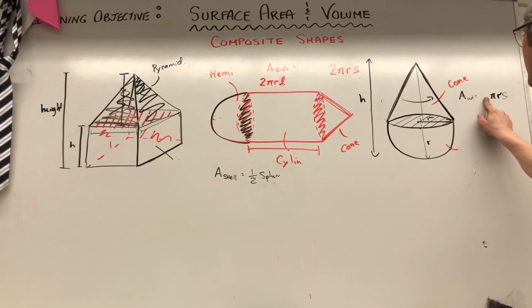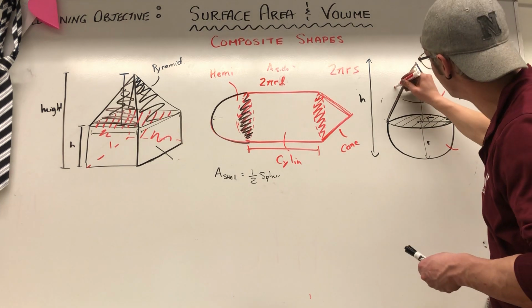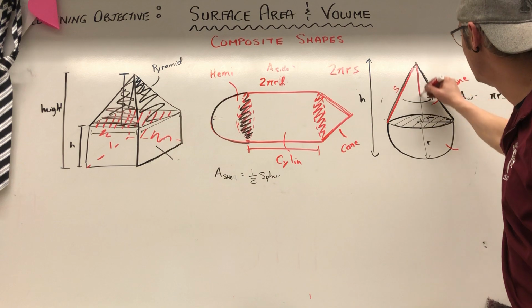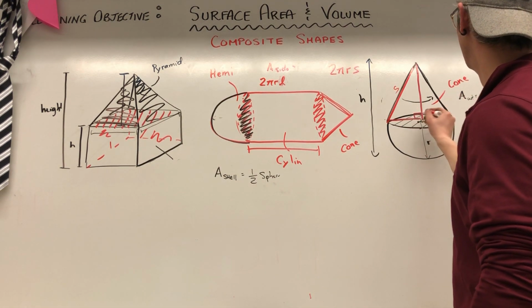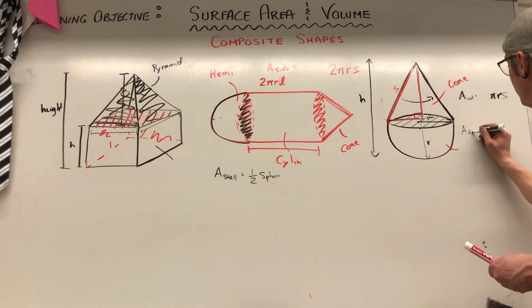The area of the outside of my cone is pi times r times the slant height. The slant height is this, which is not to be confused with the height here. This actually forms a right angle triangle.